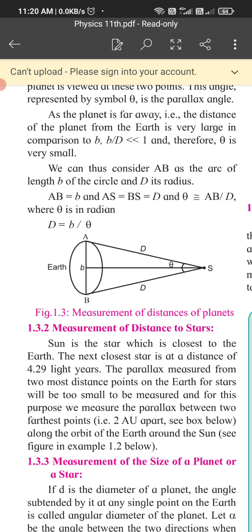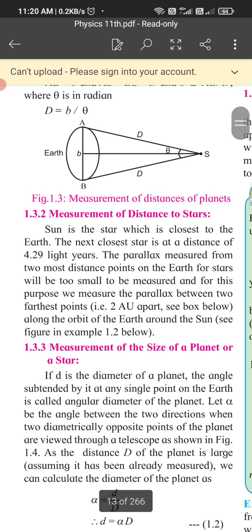Measurement of size of a planet or star. If d is the diameter of the planet, the angle subtended by it at any single point of the Earth is called the angular diameter of the planet.